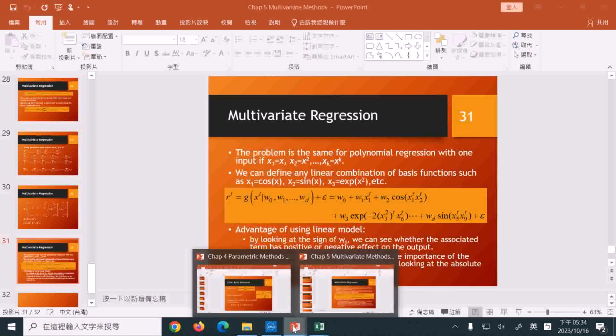Okay, so far, any question? Any questions so far? So I think that by next Monday I will be able to finish chapter 4 and chapter 5. So you will have very clear concepts about classification, regression, normal distribution, parametric model, and okay?